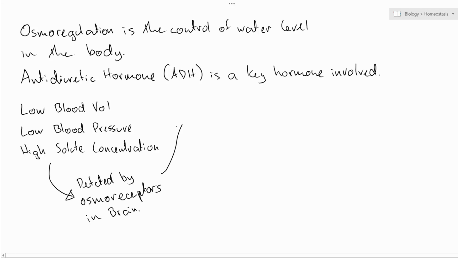and then this is going to lead to an increase in ADH. So the hypothalamus is going to secrete or release ADH and store it in the pituitary gland before it's going to be sent out into the body.